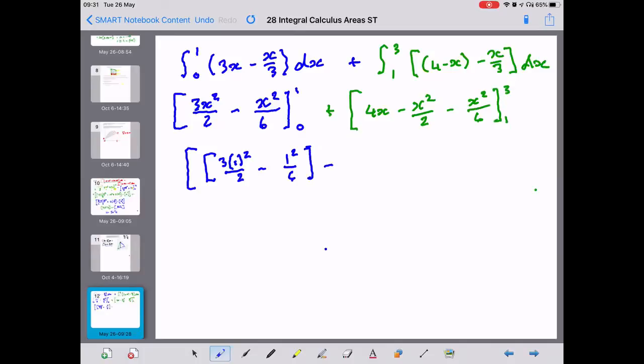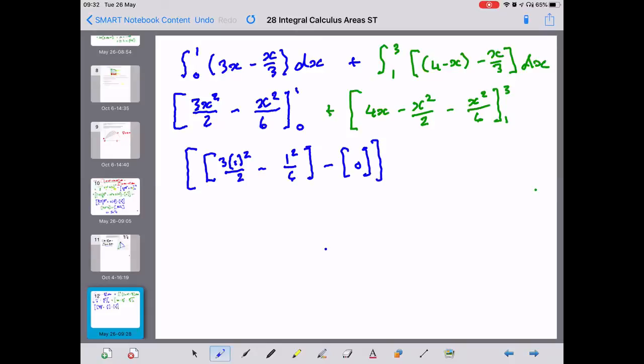Take away 0, because both terms have got x as 0, so it's going to be minus 0 in there. Close the brackets.